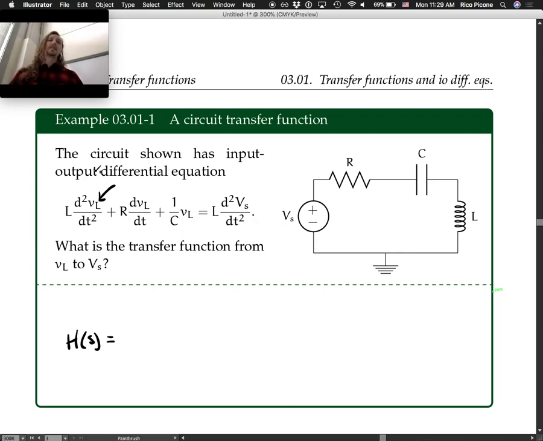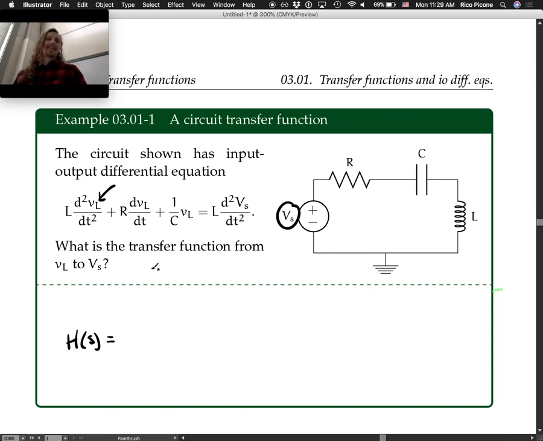I mean, the fact that it's on the left-hand side isn't really the reason why it's the output, but VS, the other variable in this, is the source, the input from outside, and VL is a variable in the system that's affected by VS. So it's reasonable to believe that VL would be our output variable, considering the fact that there is only one other variable in the equation.